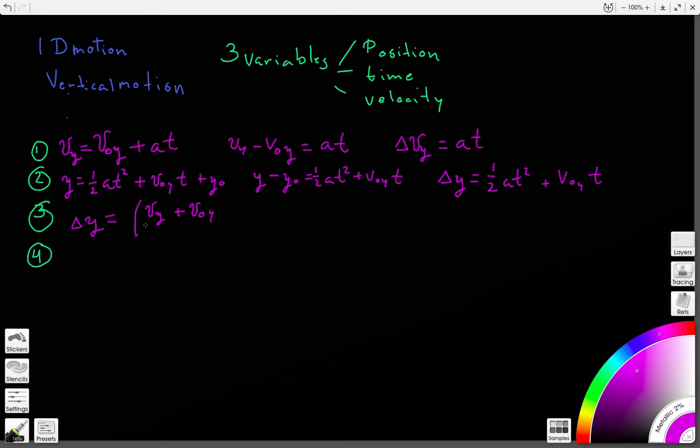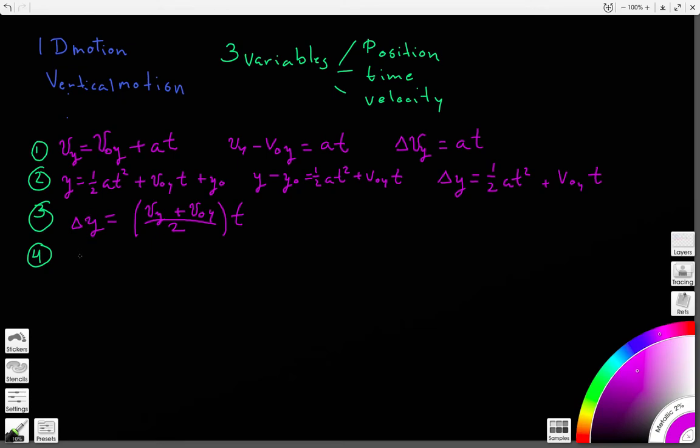We can do the math in class if at least one person asks. But if you're not interested in the underlying math, equation number 3 is obtained by substituting this equation into this equation.